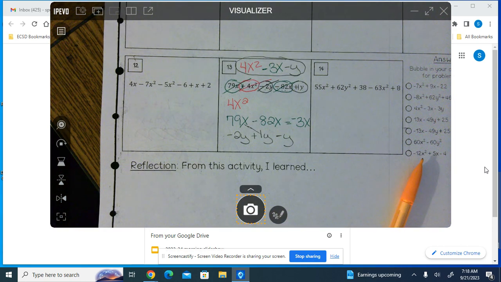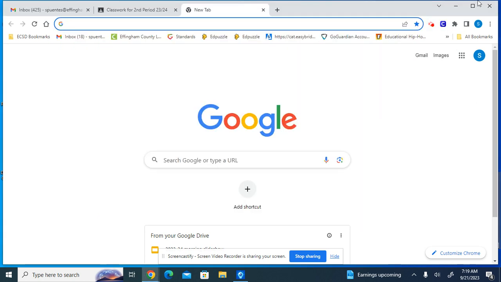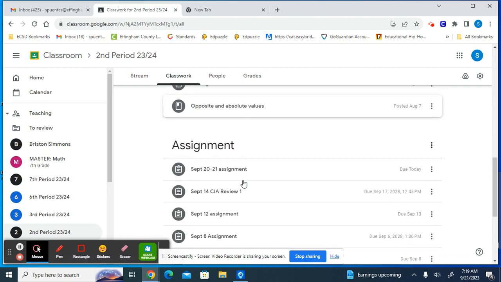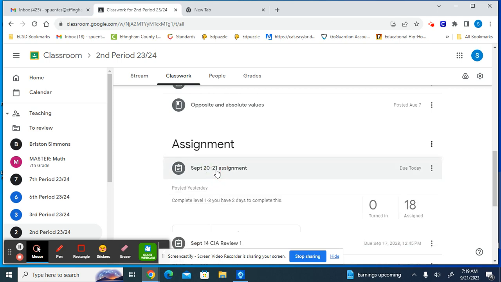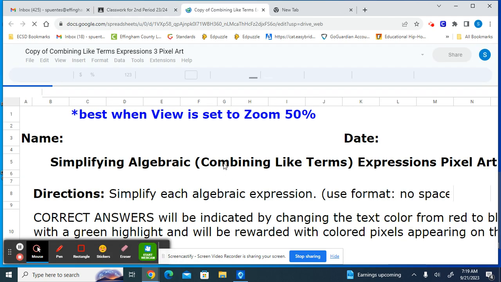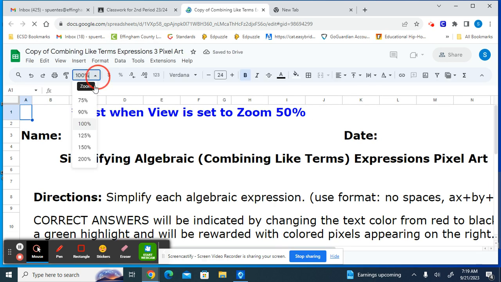Now let's go ahead and look at today's assignment. So today's assignment is over here. We are going to go into Google Classroom. We're going to go down to the September 20th through the 21st. So you're going to click on that guy. We're going to take a look at it. Now we're going to go back down and set Pixel Art so you can see exactly what you're doing.